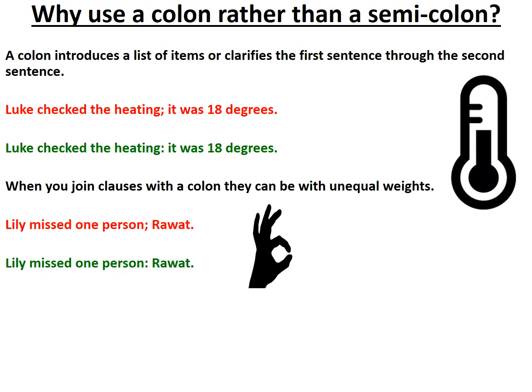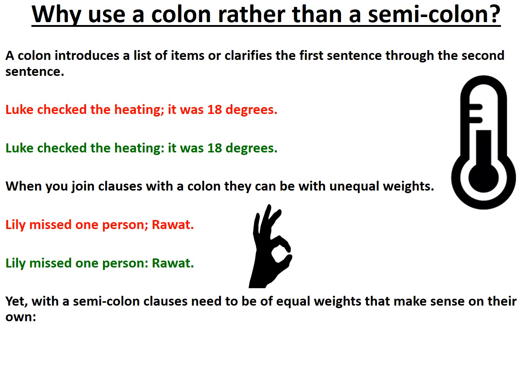But if we use a semicolon, it's as if Rawat is a sentence on its own when it's just a person's name here. Yet it's important for us to realise that with a semicolon, clauses need to be more balanced in order for them to make sense on their own.